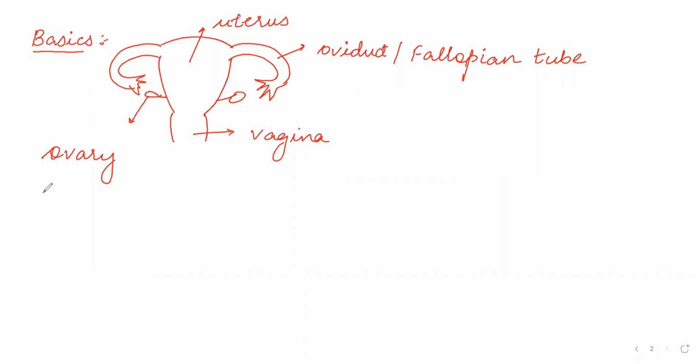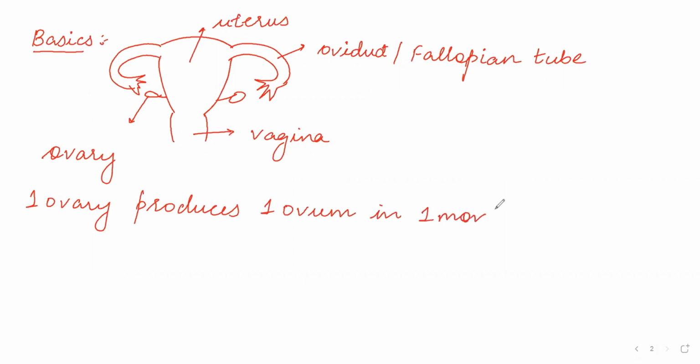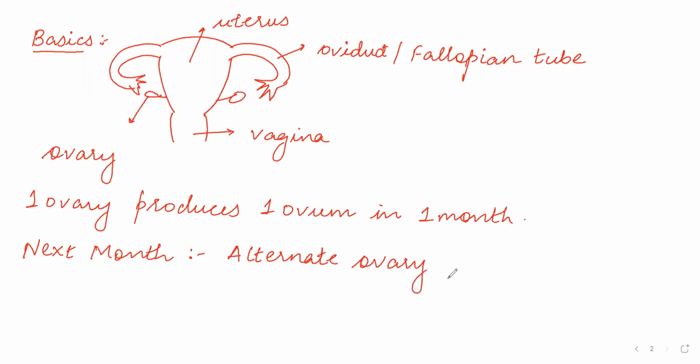Now the rule says one ovary produces one ovum in 1 month. Then in the next month, the alternate ovary produces an ovum.